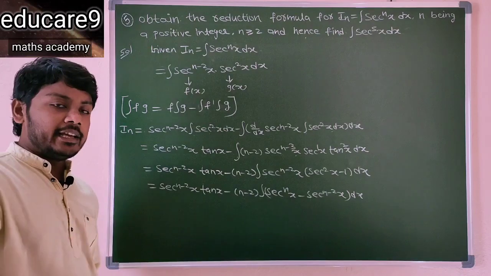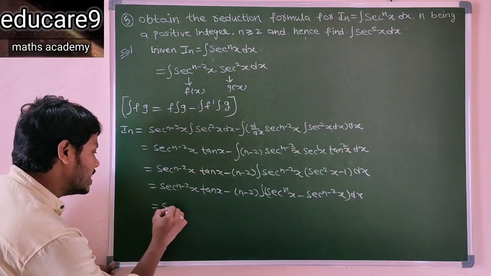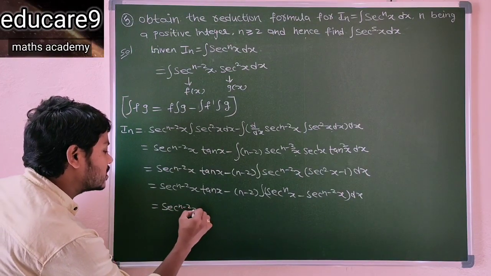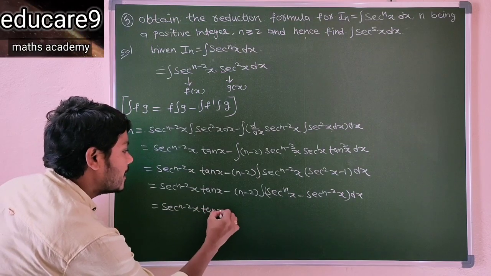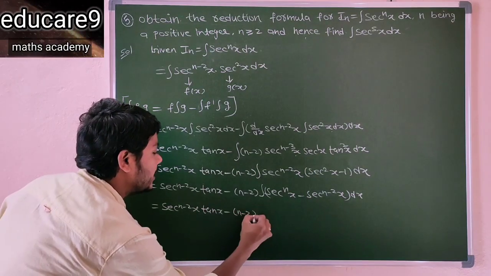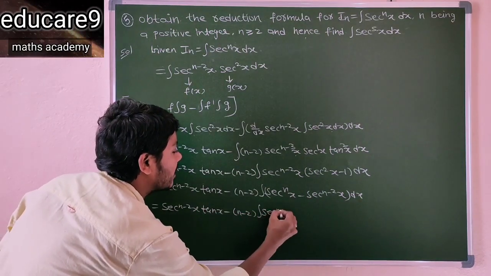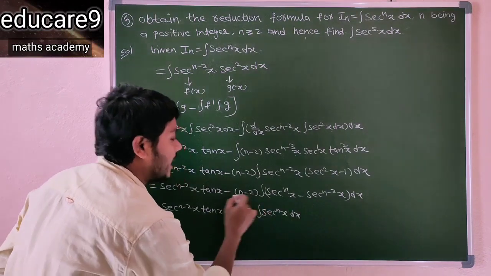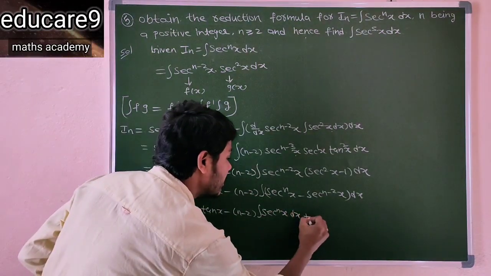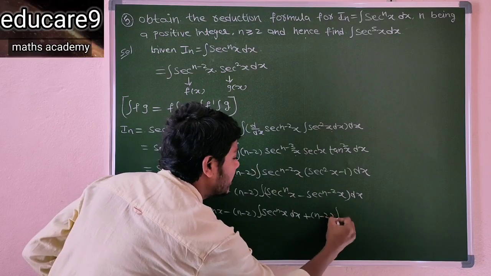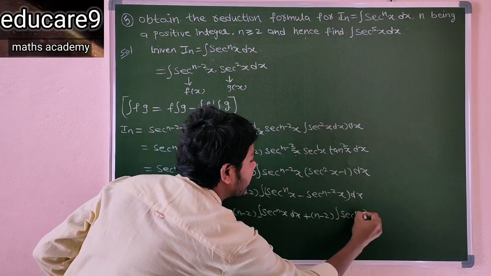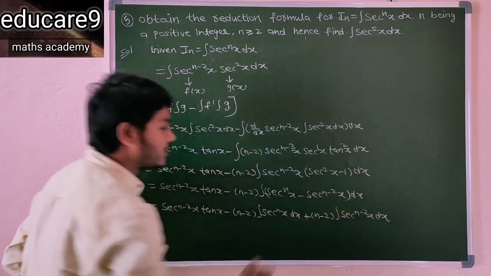Now separate the integration. This is sec^(n-2) x tan x minus (n-2) into the integral of sec^n x dx, minus into minus plus (n-2) into the integral of sec^(n-2) x dx.